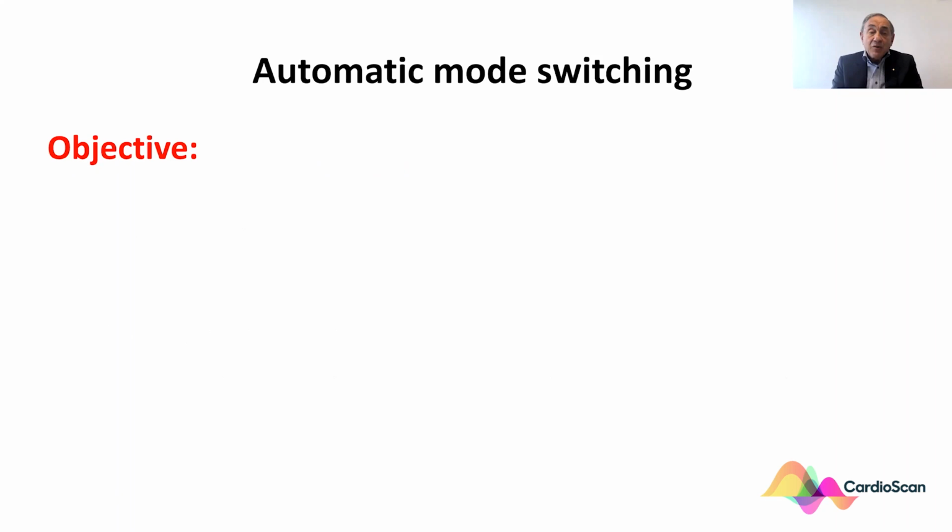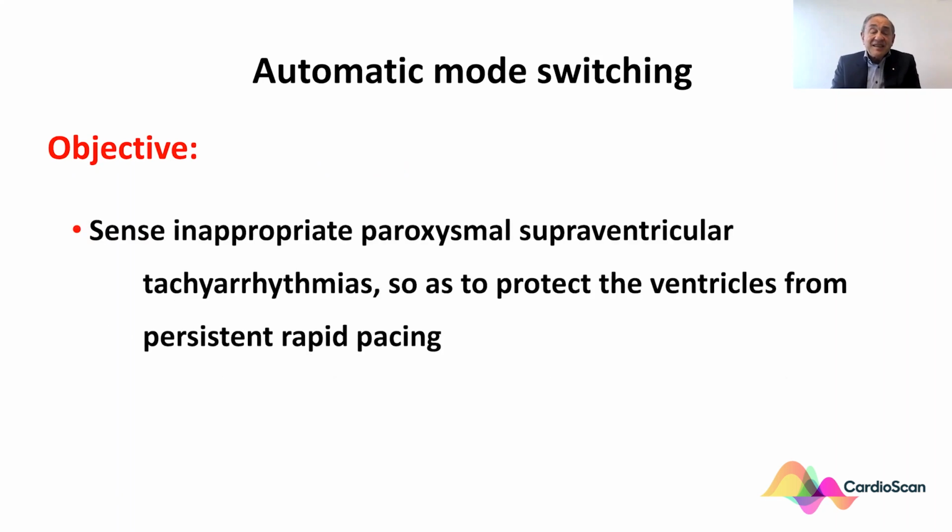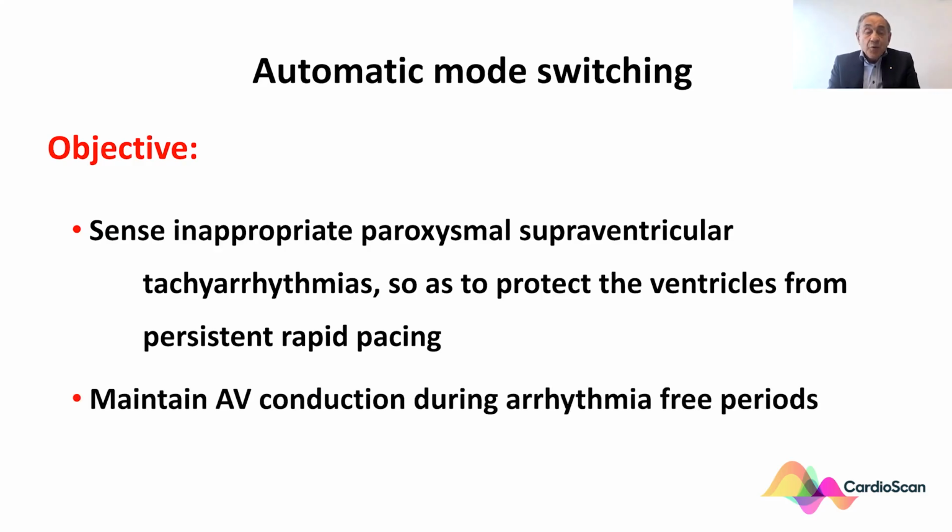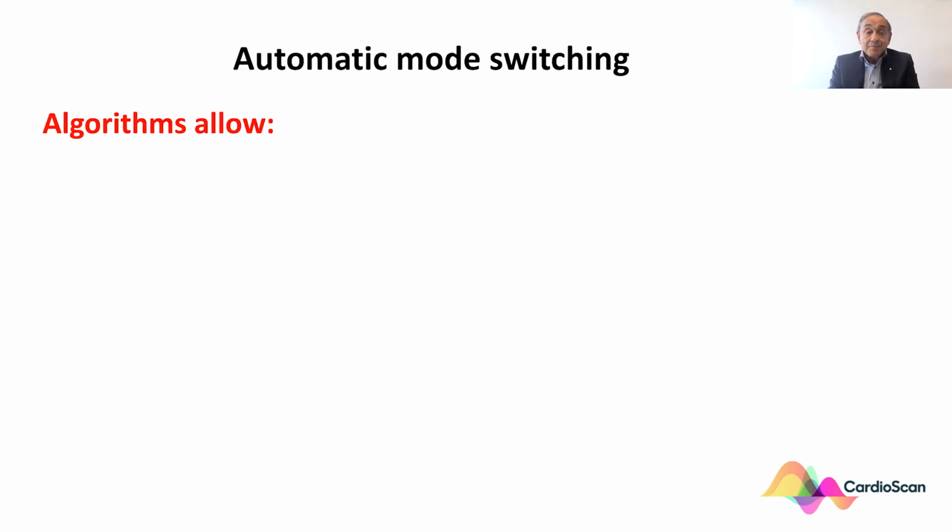So automatic mode switching, the objective was to sense inappropriate paroxysmal supraventricular tachyarrhythmias so as to protect the ventricles from persistent rapid pacing. We need to maintain AV conduction during arrhythmia-free periods.